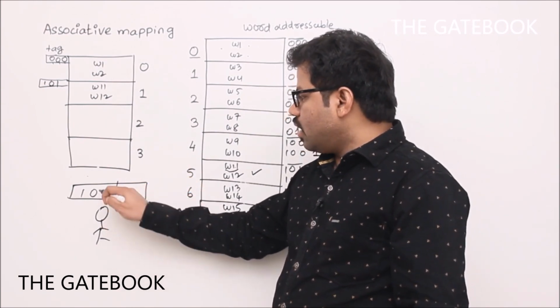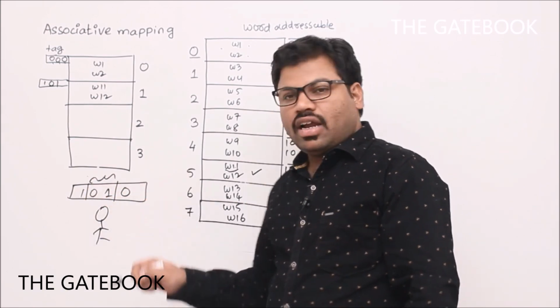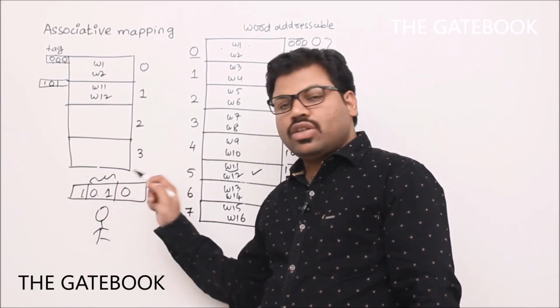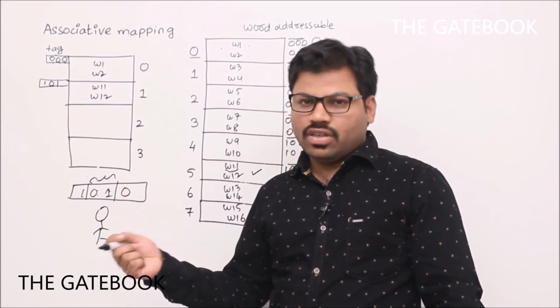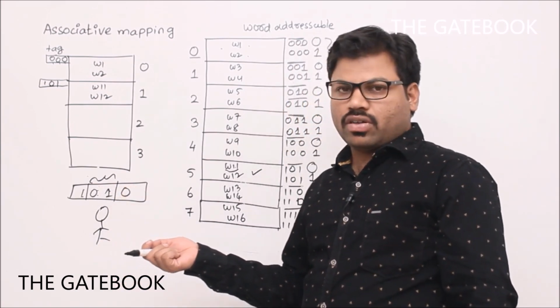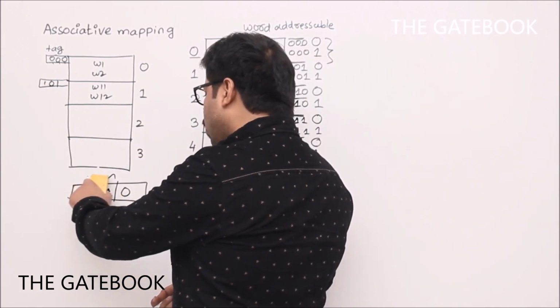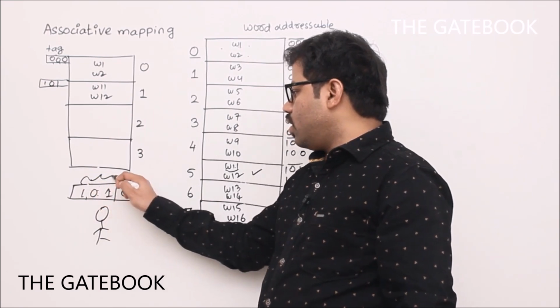I said this is the cache offset, and that is the rule of course in direct mapping: if and only if this word is located, it will be in cache block 01, that means block number 1. But here there is nothing like that, so it can go anywhere. There is no cache offset. Directly we will take 101, right?